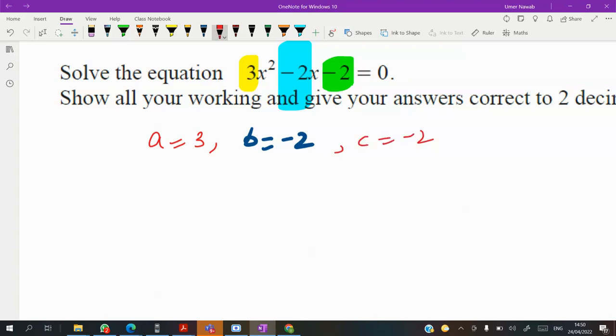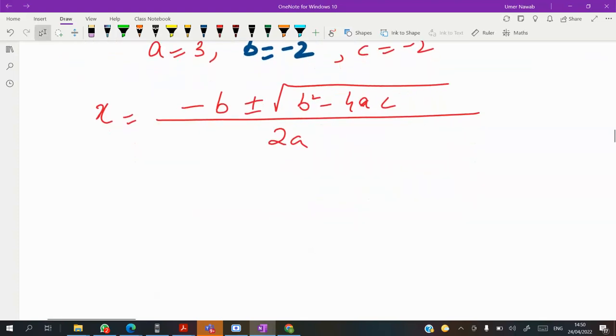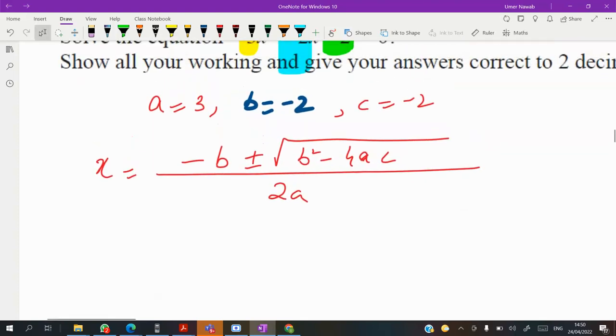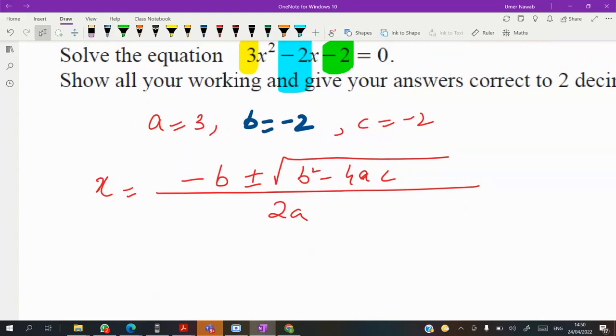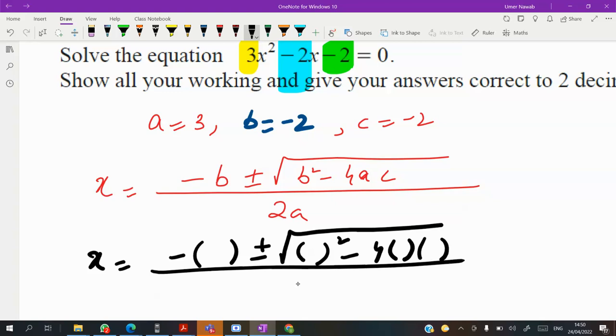Right? Now we need to write the quadratic formula, which is x equals minus b plus minus the square root of b squared minus 4ac, over 2a. So now we will insert the values for a, b, and c.